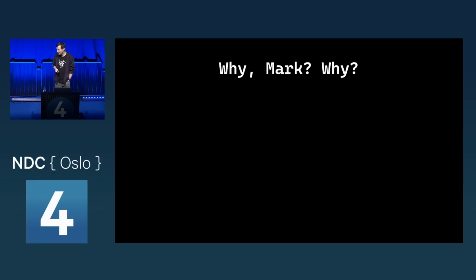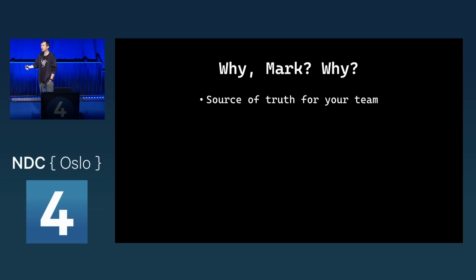So, why am I so against this? Your OpenAPI file, and I'm going to say it's just the YAML file, don't do the JSON way, is the source of truth for your team. This is what you have agreed that your API should look like.